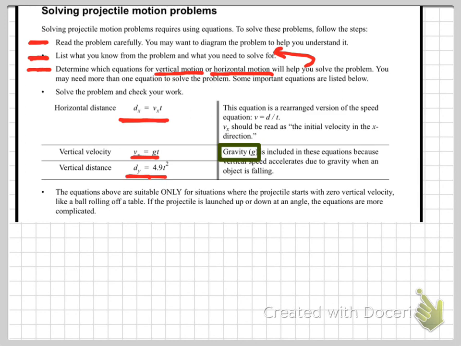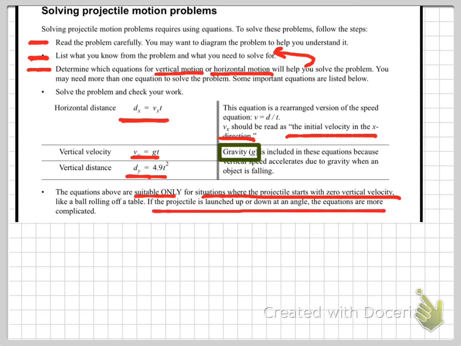And note here, Vx is our initial velocity in the x direction, and that's constant, that doesn't change. Note, this is only suitable for situations where the projectile starts with 0 vertical velocity. If the projectile is launched up or down at an angle, the equations are more complicated.